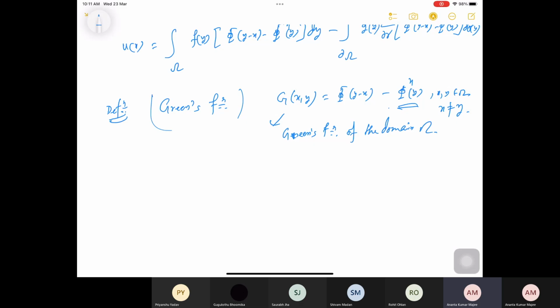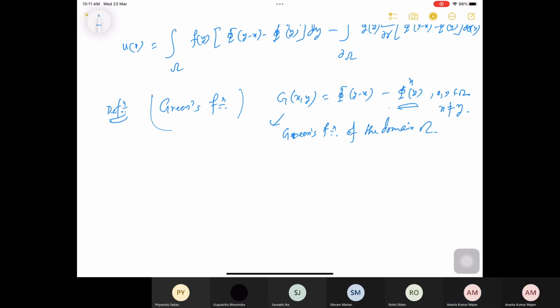By the way, what are the properties of the Green's function? I deduced the expression under the assumption that u is a solution. Now suppose I have this kind of expression using the Green's function. It does not involve a solution of the problem; it depends only on the domain, because I have the fundamental solution and satisfied these equations.